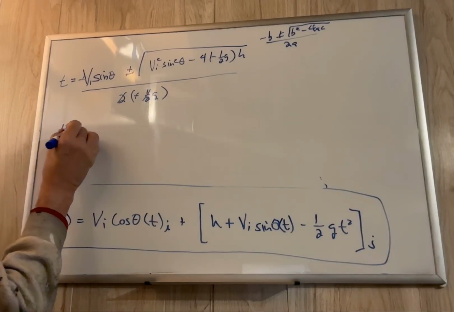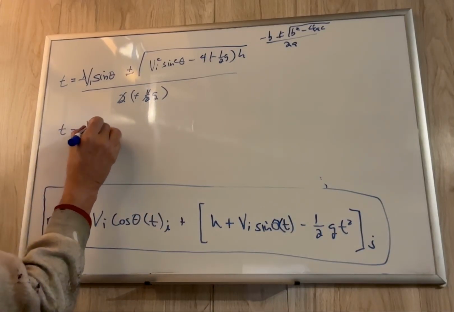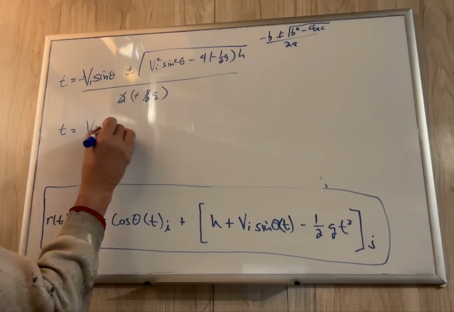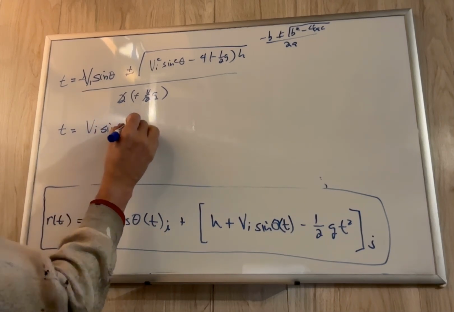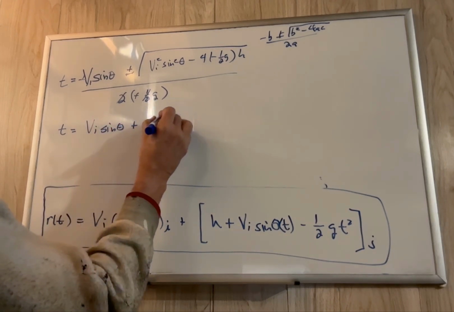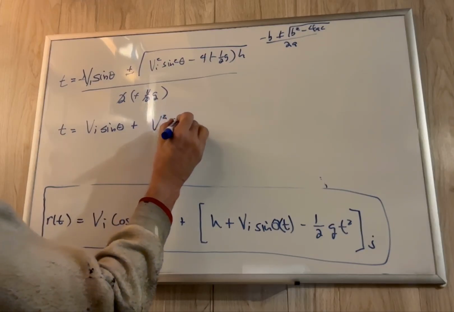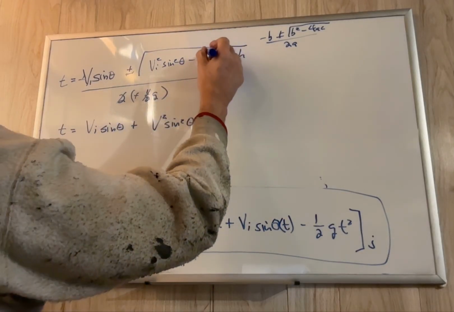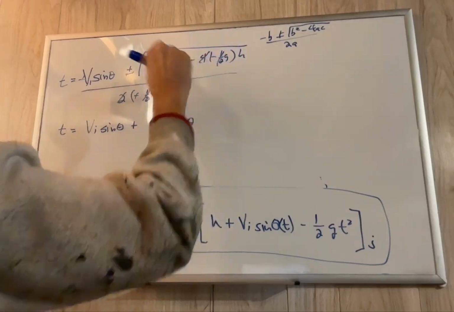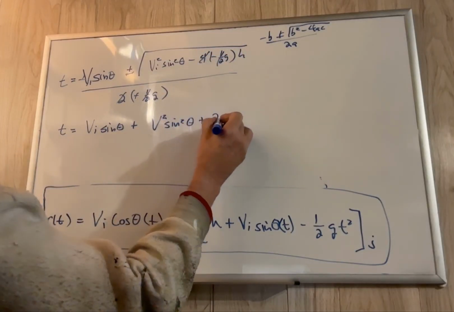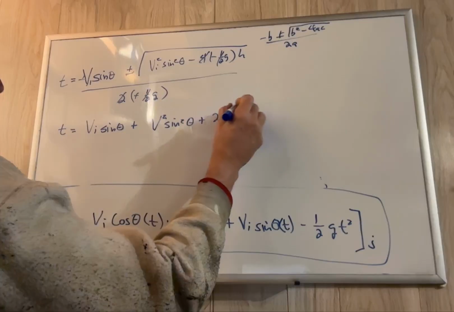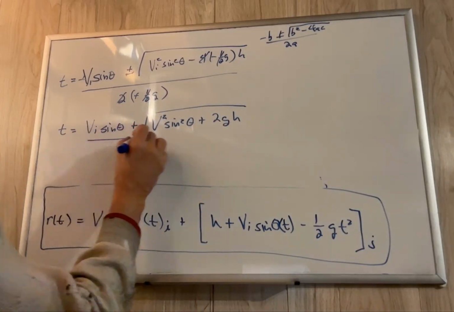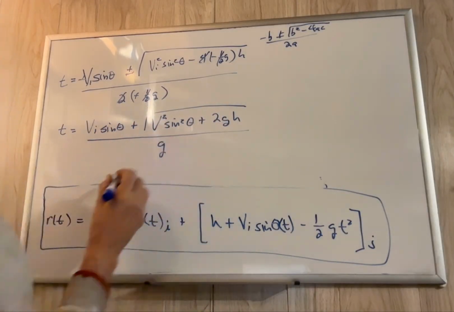T is going to equal velocity initial sine theta plus the square root of velocity squared sine squared. All right, so this is negative. This goes away. This ends up being a 2. The negatives go away, so it'll be plus 2gh, square root, right, divided by what? G. There you go.